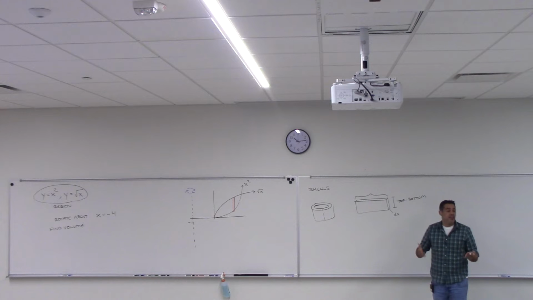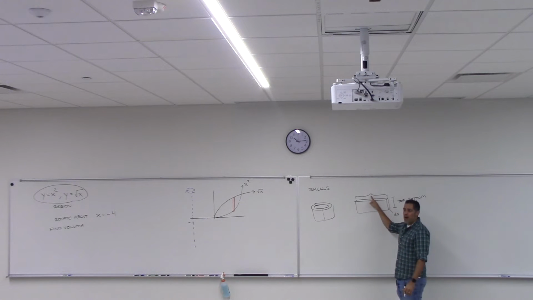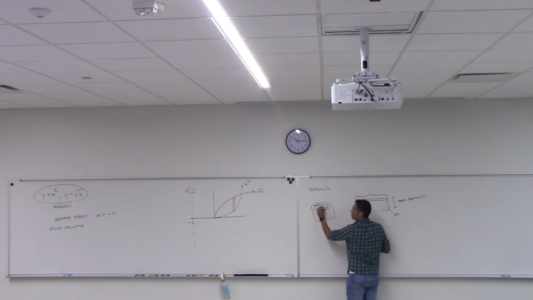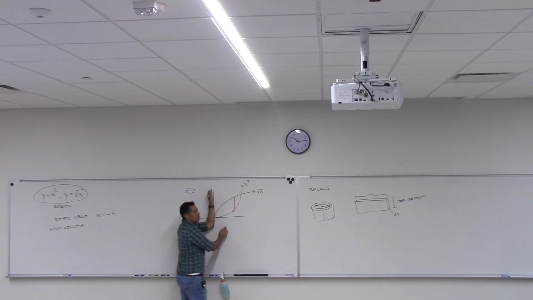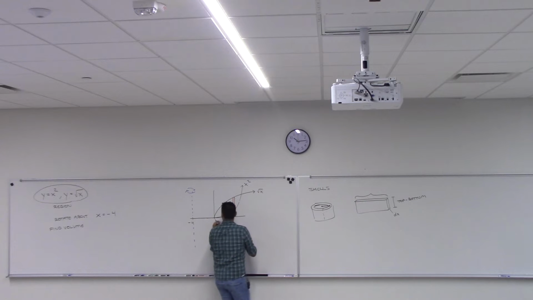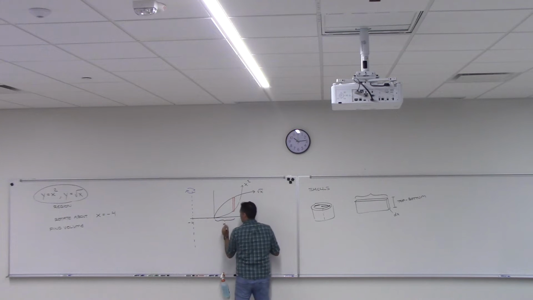And then this is the part that's going to be a little bit tricky. When I presented this to you, I told you that this was 2 pi x, where x was the radius of the shell. That was the distance from here to here, because we were wrapping it around the y-axis in the previous problem. So the distance from here to our rectangle is x.